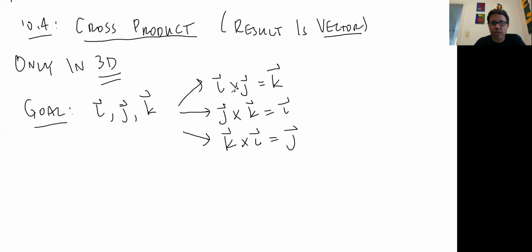And in all 3 of these cases, you cross these 2 together, and you've got a vector that's perpendicular to both of them. Same thing here. The x, y, and z axes are all perpendicular to each other. So this maintains perpendicularity and the right-hand rule.